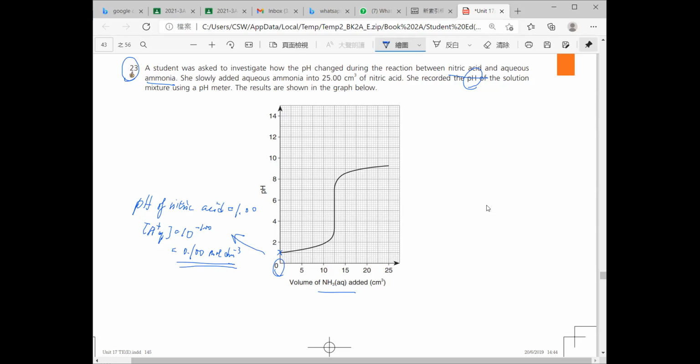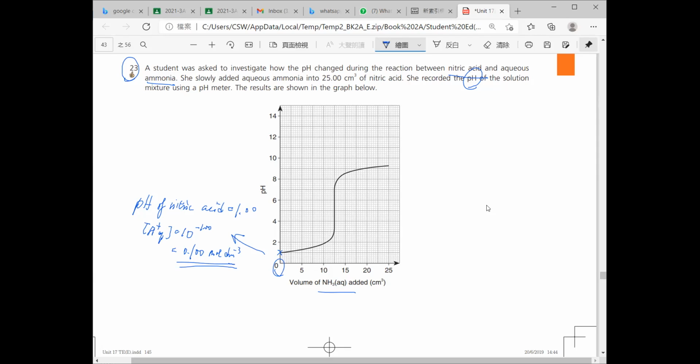C, a student could also have investigated the pH change using universal indicator solution. Give one advantage of using a pH meter to investigate changes in pH.